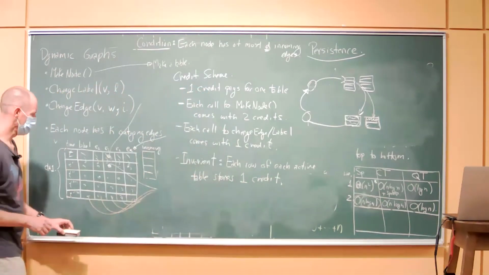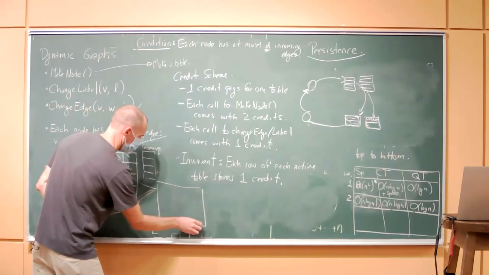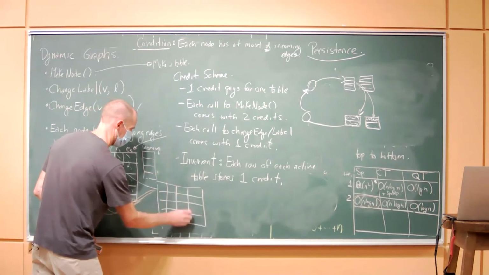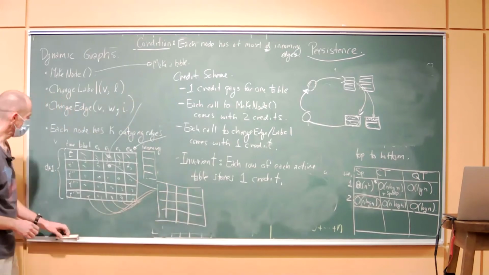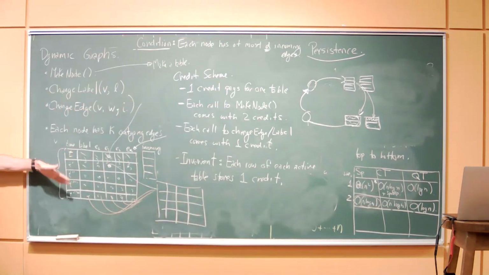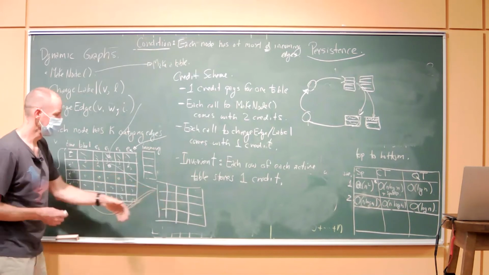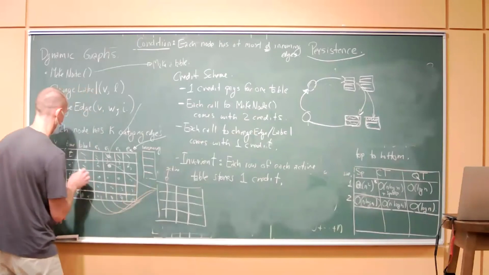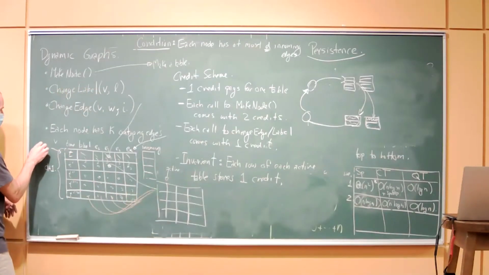So just to be clear, when a table is full or partially full, it's an active table. It's the current table for this node now. But once I split it, so once it becomes overfull and I have to make a new table, this becomes the active table, and this one is inactive.